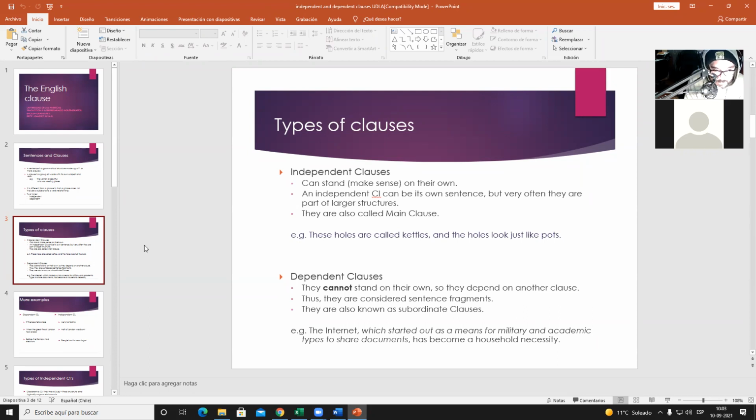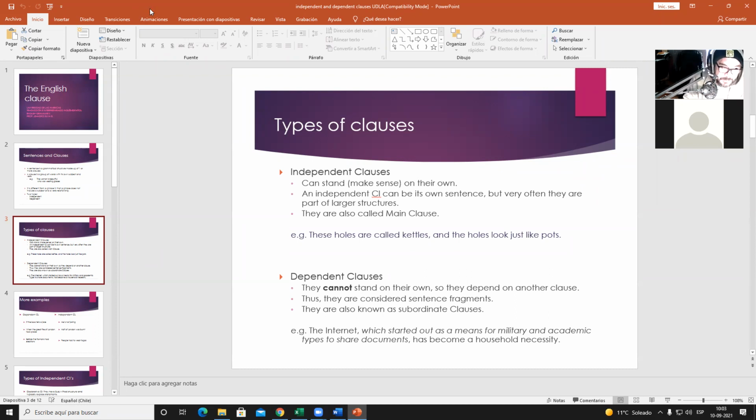They are also called main clauses. That is to say that an independent clause can be a sentence. Again, an independent clause is a simple sentence. Write it. I strongly suggest you write that down.